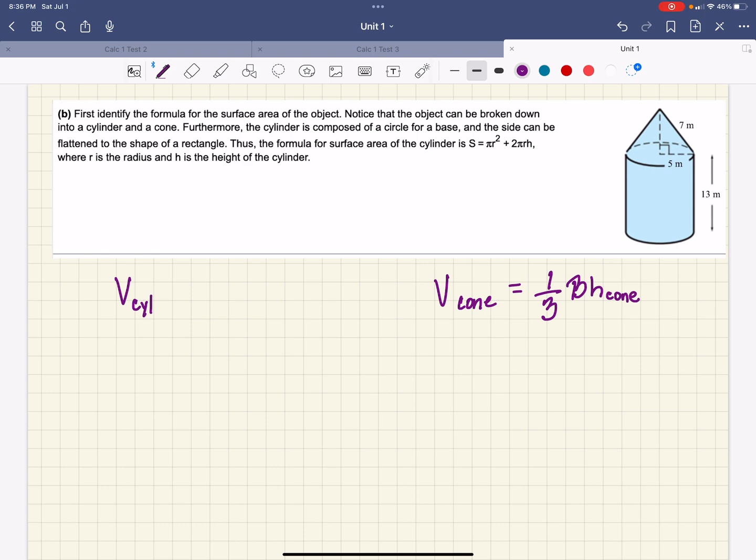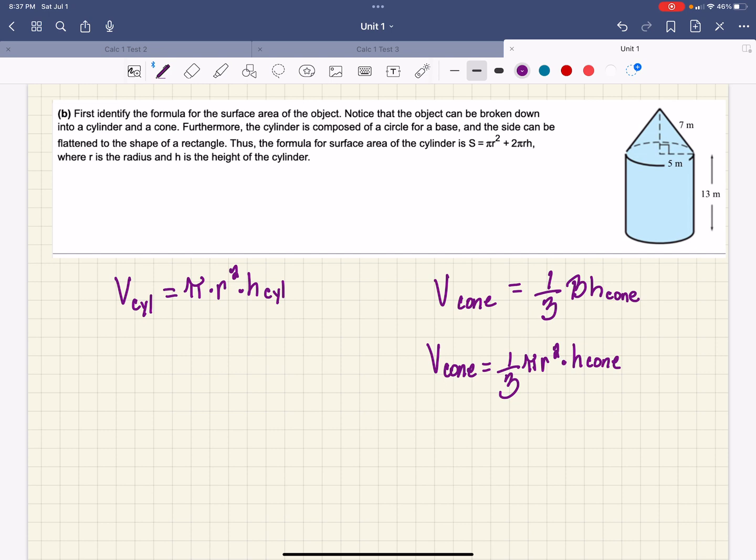Now, the volume of the cylinder is going to be pi times r squared times the height of the cylinder. So I just want to make sure that you realize that there's a height of the cylinder and there's a height of the cone. Now this base right here is a circle, so that is going to be pi r squared. So the volume of the cone is 1/3, and the base is pi r squared because it's a circle. And then we're going to have the height of the cone.